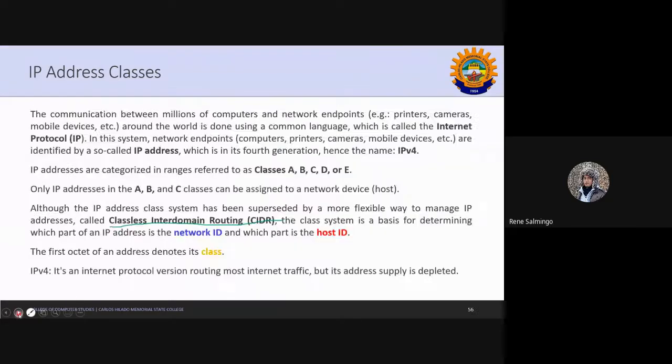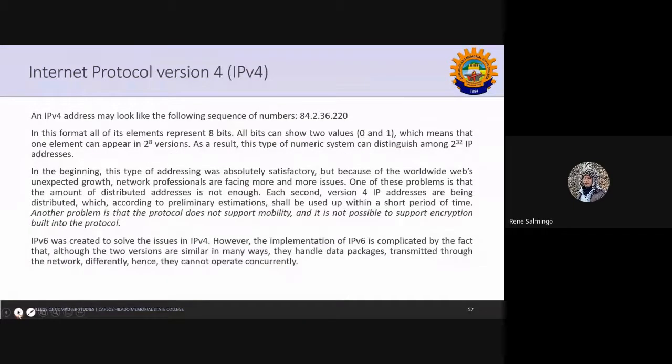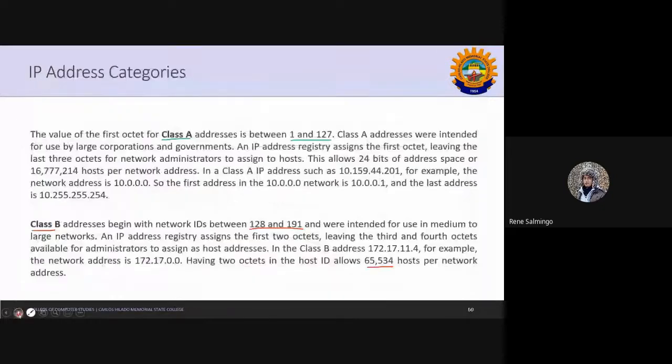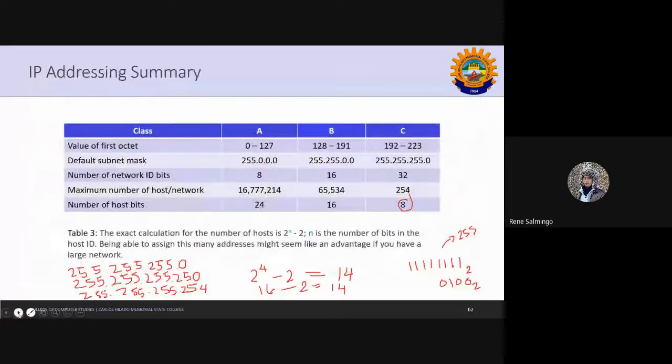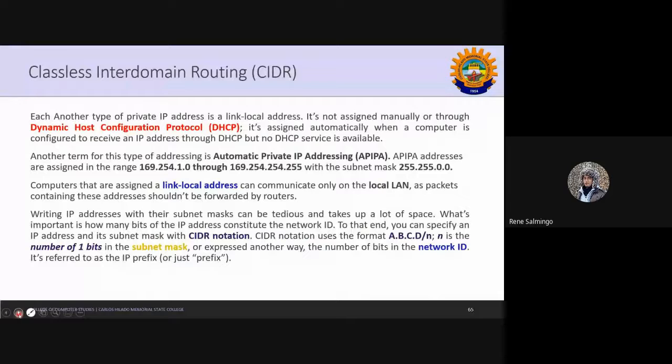So the computer will generate its own IP address using DHCP, your Dynamic Host Configuration Protocol. So it would configure the IP address in your computer or in your mobile device.